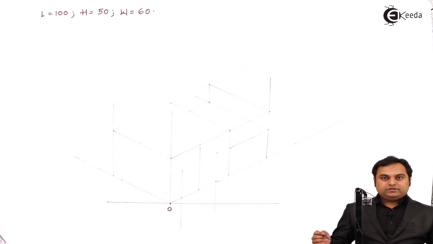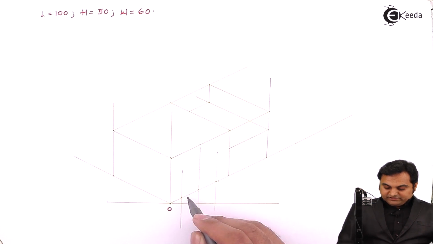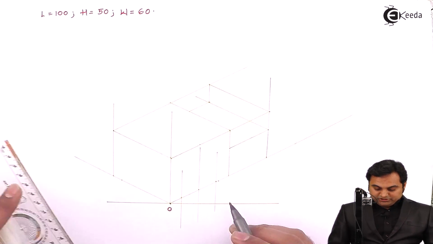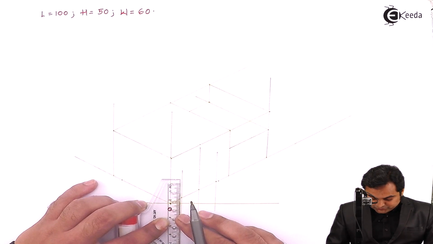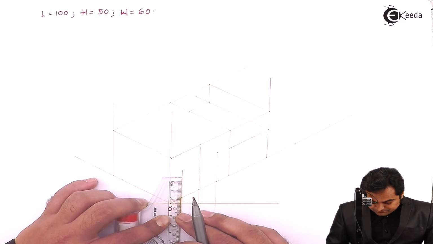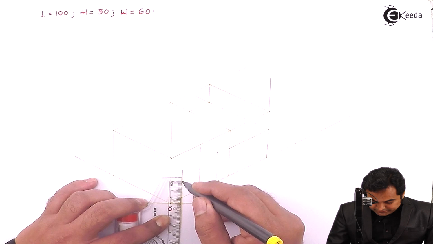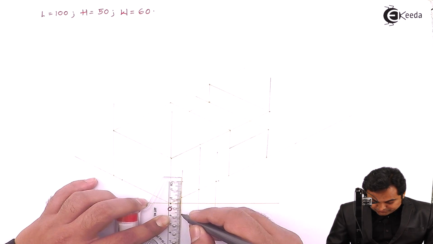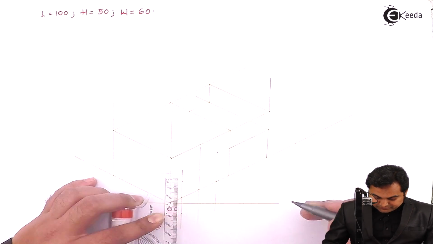Similarly from here. Now, as I have taken 18 mm on one side, 18 mm on the other side, similarly from these points as well, I would be measuring 18 mm on one side, 18 mm on the other, so that gives me 36 mm.